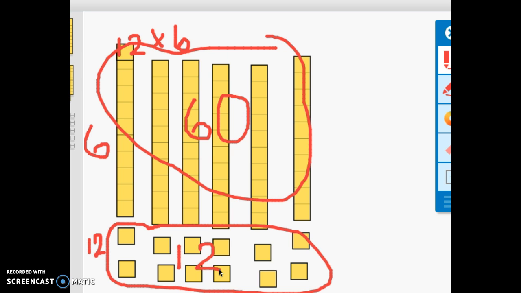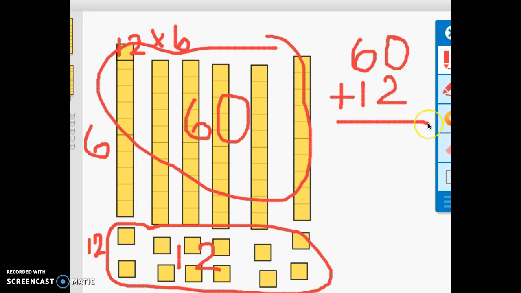To complete this word problem, we will add together each section of our units, or our partial products. So we're going to add 60 plus 12, 60 for our 10s and 12 for our 1s. After adding these products together, we will get 72.